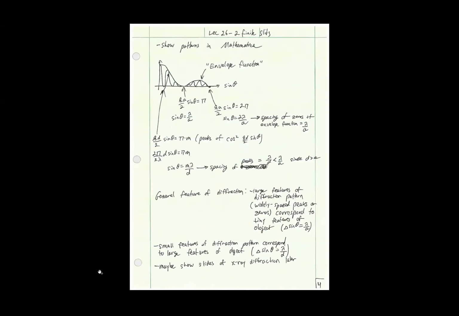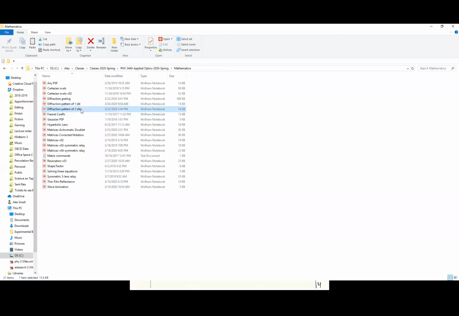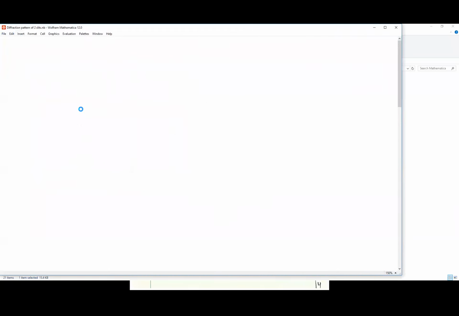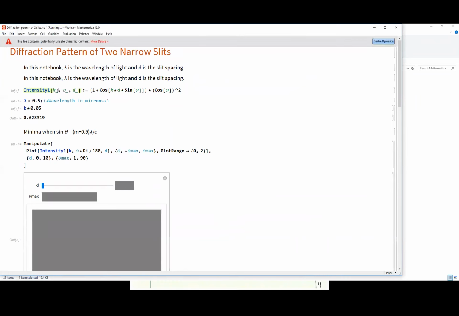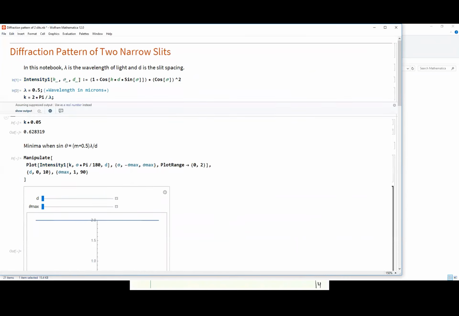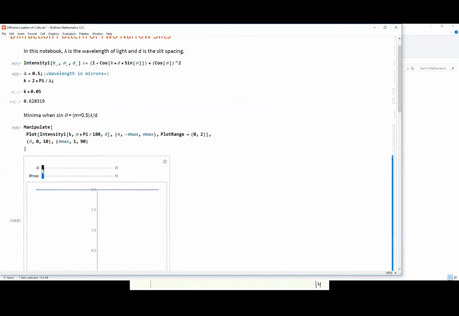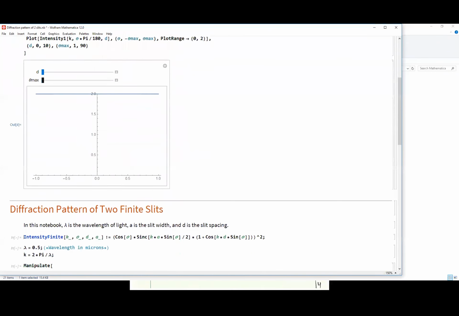And if we go into Mathematica again, and this time we pull up the diffraction pattern of two slits. Now, that's two narrow slits, sorry.